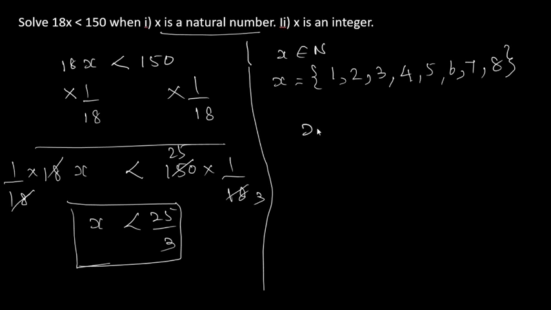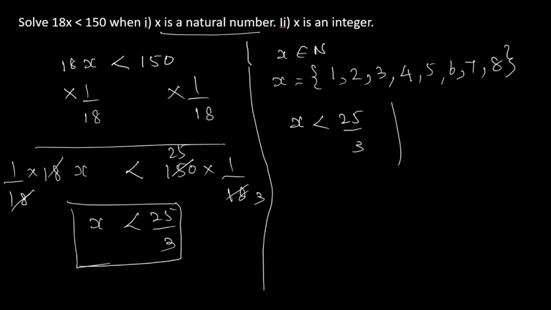Why? Because x is less than 25 by 3. 9 3s are 27, so it cannot be 27. It can be less than only 25.